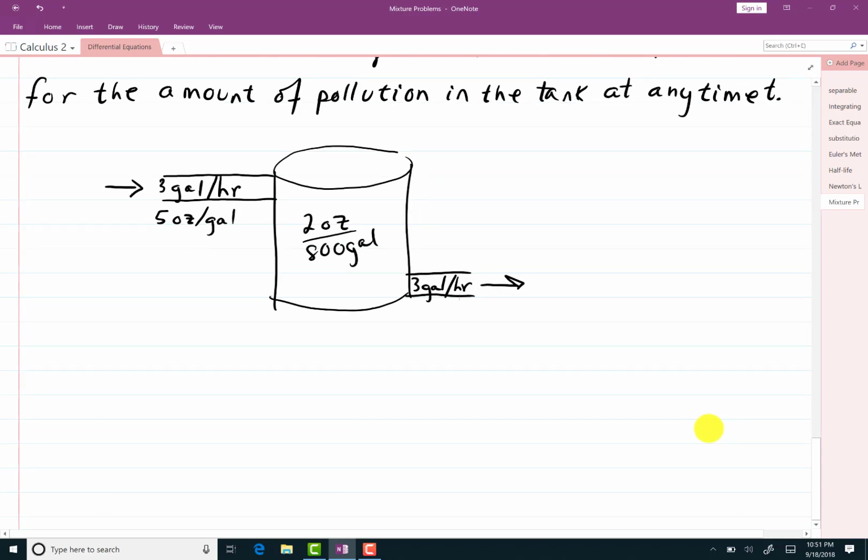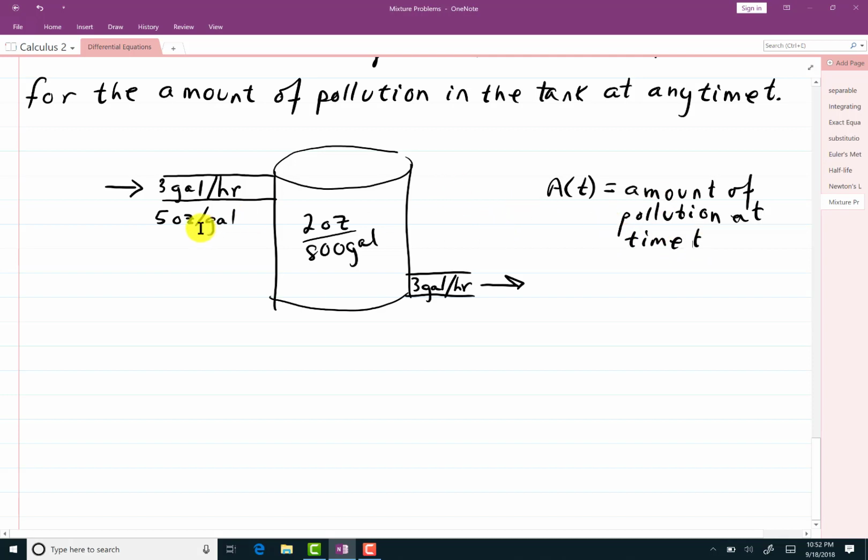So as before, A of t will equal the amount of pollution at time t. Now remember, we're talking about pollution. That's the thing that's being measured here.